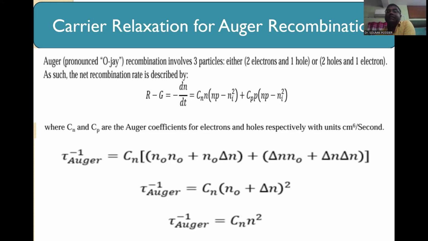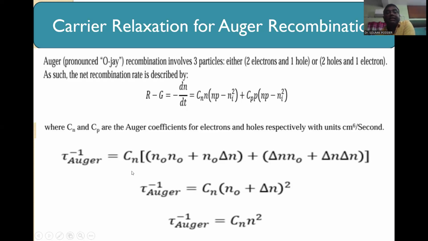Auger recombination involves three particles: two electrons and one hole, or two holes and one electron. So the net recombination is described as Rg equals minus dn/dt equals (Cn n plus Cp p)(np minus ni square).